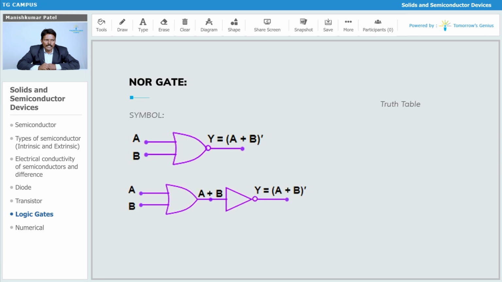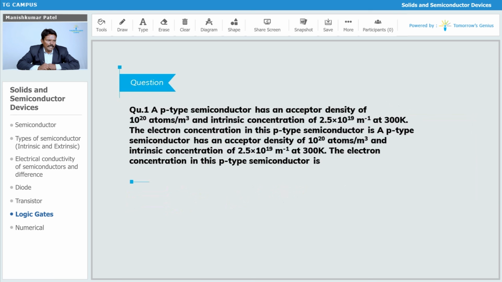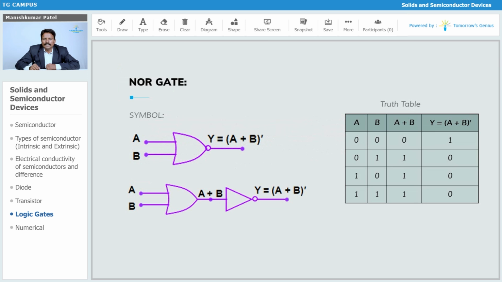We know the OR operation, so just take the inverse of that, which will give you the NOR gate. So 0 0 gives 0, and the inverse is 1; 0 1 gives 1, inverse 0; 1 0 gives 1, inverse 0; 1 1 gives 1, inverse 0. That is how you will get the NOR gate for this particular case.